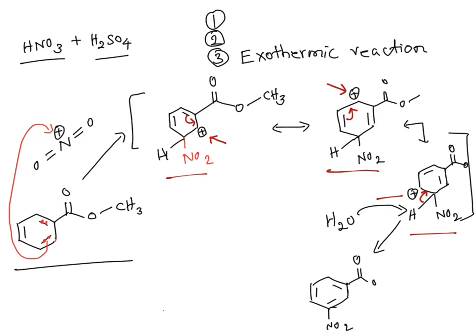The other answer could be, if you add too fast, you probably end up getting more than one nitro substitution. The nitro group will be substituted twice, one on here, one on here. Right? So dinitro methyl benzoate could be the other product that is possible. So to avoid that, we add slowly.